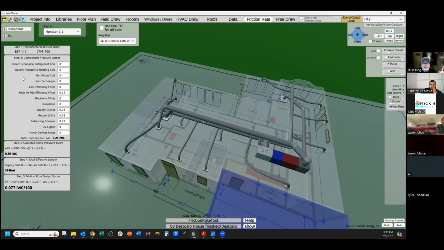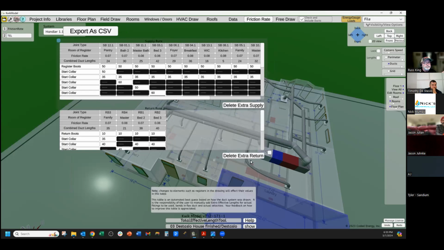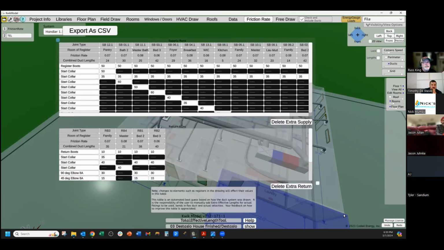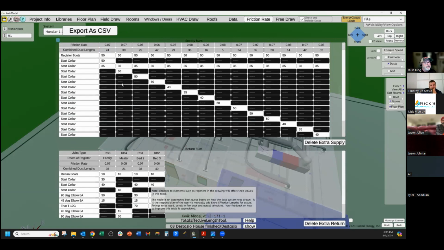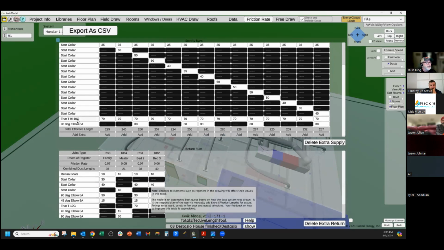But remember, I said it takes a first best guess. If you click on this TEL, total equivalent length button, it opens up a table that shows each run. So this is each branch going to each room, and it shows there's a register boot, a start collar, another start collar, and a T off of the trunk.